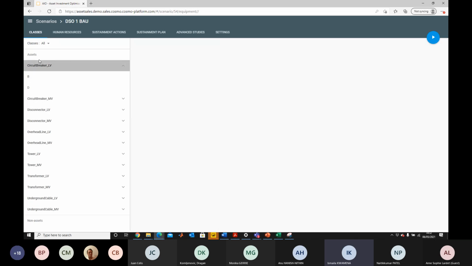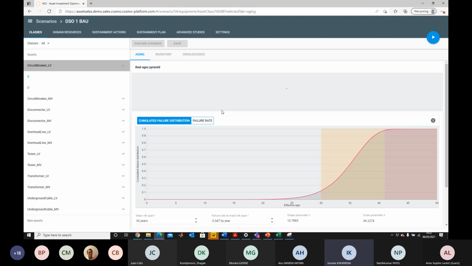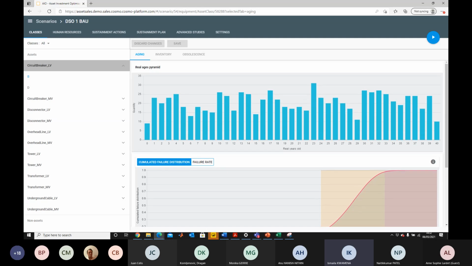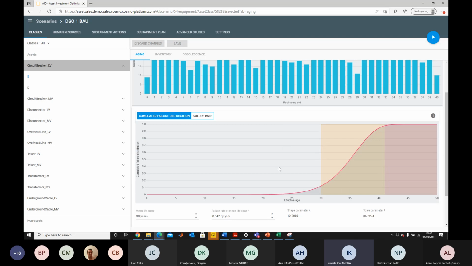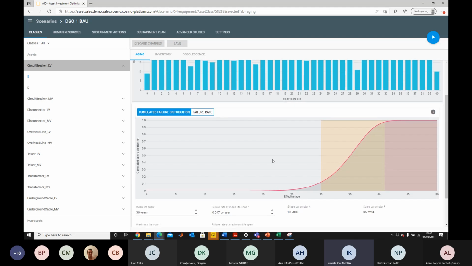Over here we have a general overview of all the asset classes that we have defined for this model. Inside this section, we can see the failure rate associated with a specific asset class.